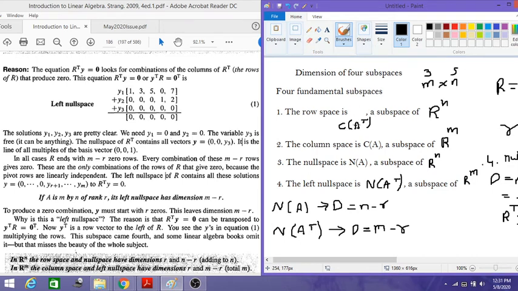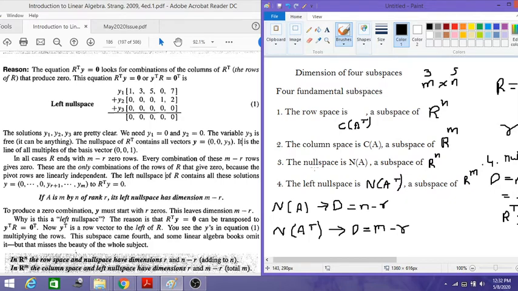Its dimension d is given by the number of non-zero rows, and the non-zero rows define the basis of the vector. Whereas the column space is a subspace of R power m, its dimension again depends on the rank of the matrix, that is R, and the pivot columns form the basis for this column space.